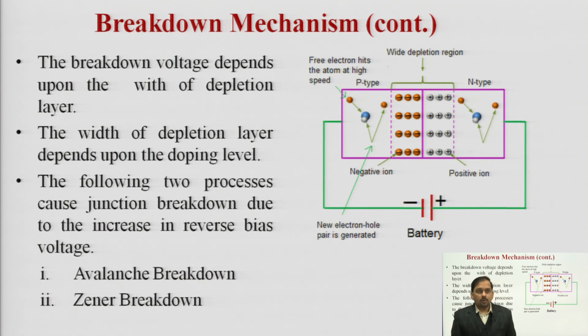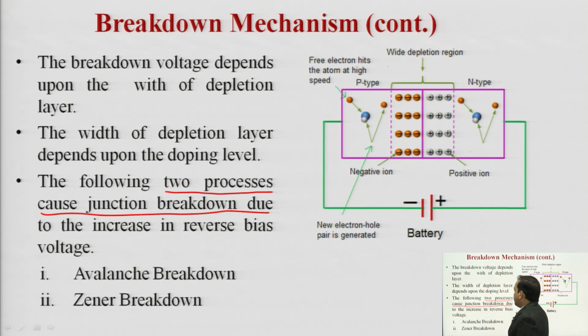The next factor is temperature. As we increase the temperature, the depletion region becomes narrow, meaning the conductivity increases. So, we can say there are two processes of junction breakdown due to the increase in reverse bias voltage, and these are the avalanche breakdown and Zener breakdown.